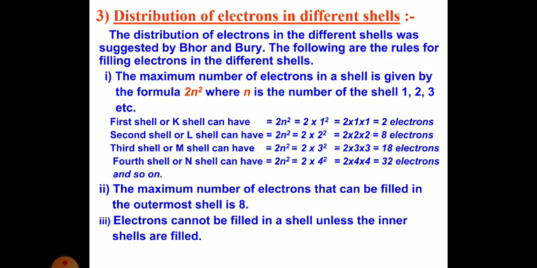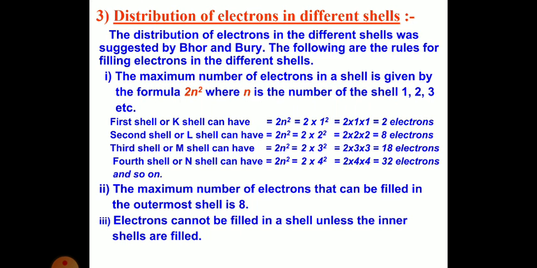It means 2 into 1 square, you will get the answer 2 electrons. Like that, for L, M, N we have calculated, and the electron capacities we have got are 2, 8, 18, 32. Now students, this is the distribution of electrons in the different shells.